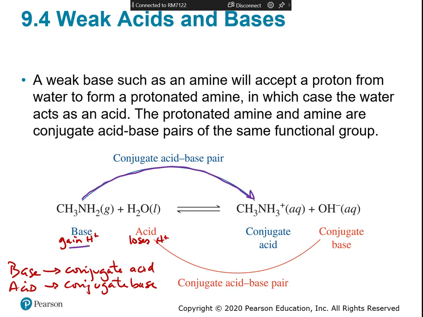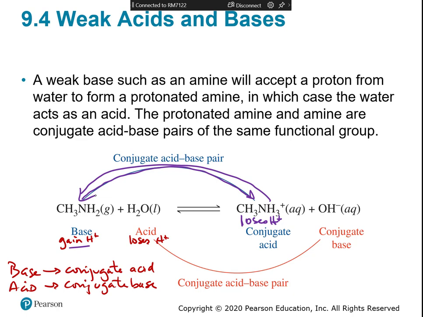So then I know on the opposite side, that product will reform the base by losing its hydrogen ion in the opposite direction, so that's called the conjugate acid. So the base, which gains a hydrogen, will then turn around and lose a hydrogen in the reverse reaction, which is why they call that pair a base and its conjugate acid.